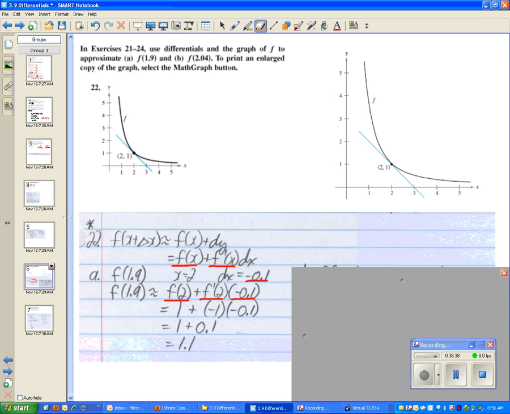And then you do the arithmetic. Negative 1 times negative 0.1 is 0.1. 1 plus 0.1 is 1.1. So, never underestimate the ingenuity of people that write textbooks and make questions. They figured out a way to force us to use approximations instead of a calculator by simply not telling us what the function is. Okay?